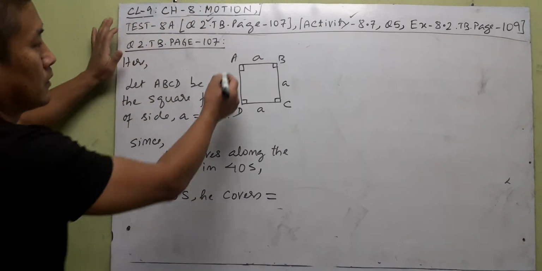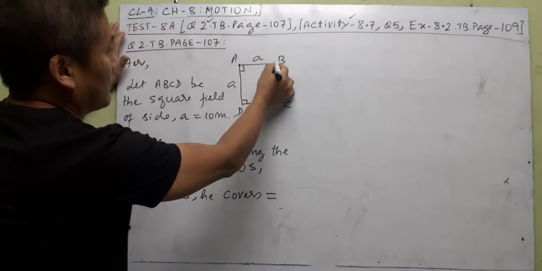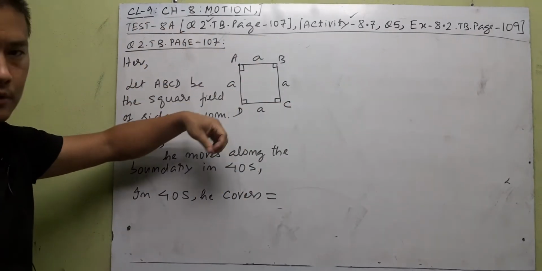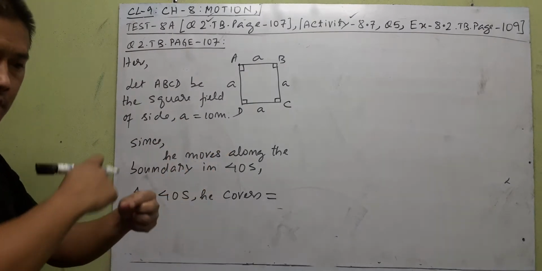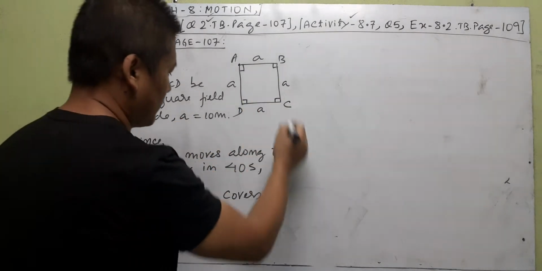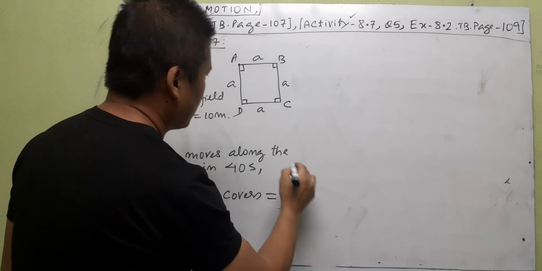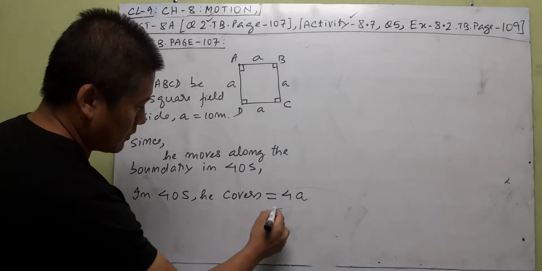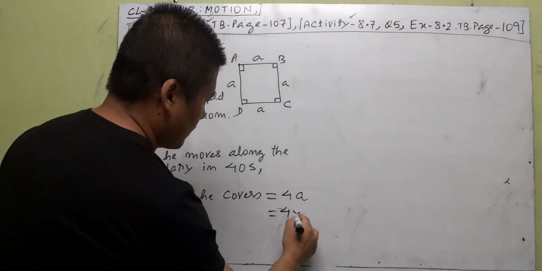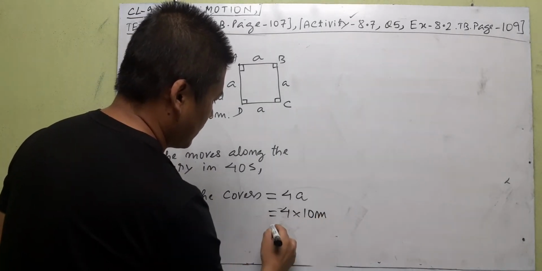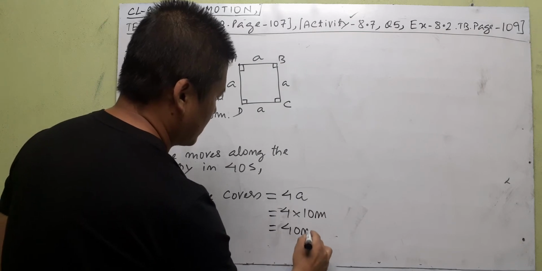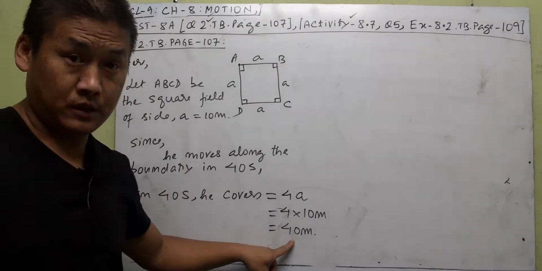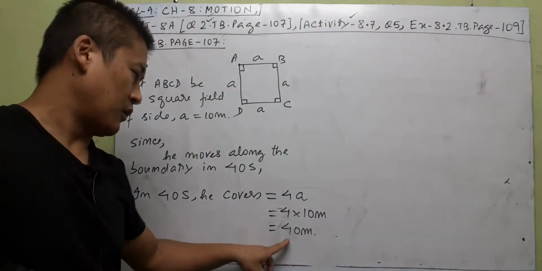So if you imagine he started from A and he went like this, 1 2 3 4, came to the initial point, that is called move along the boundary, means one time around, so that is 4A, which is the perimeter, A plus A, 2A, 3A, 4A. So that is equal to 4 into 10 meter, which is equal to 40 meter. So in 40 seconds, he covers 40 meter distance by going one time around the boundary.